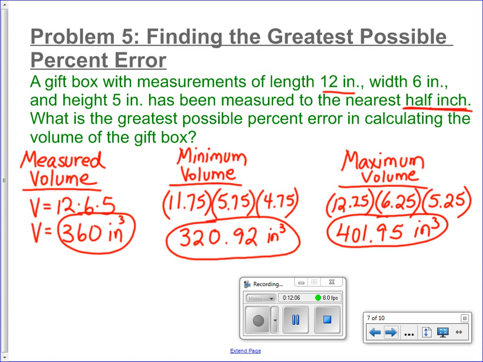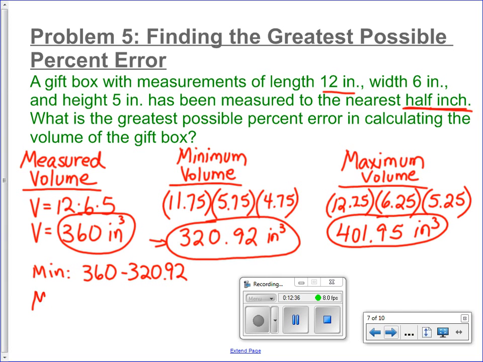What we need to do now is find the difference between our minimum volume and our measured volume. I'm going to take the larger minus the smaller. So if it's the minimum, I'm going to take 360 minus 320.92.